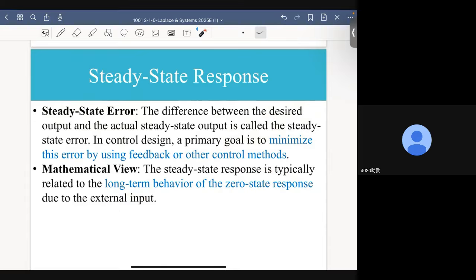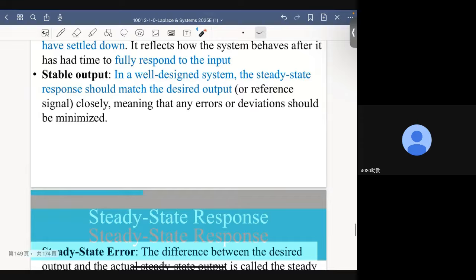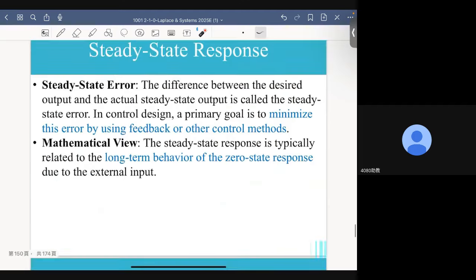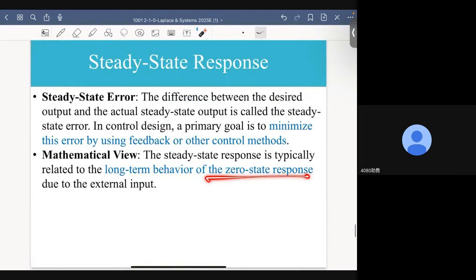From a mathematical point of view, the steady state response is typically related to the long-term behavior of the zero state response due to the external input. Where does the steady state response come from? The transient response comes from poles and zeros. The steady state response comes from the external input.